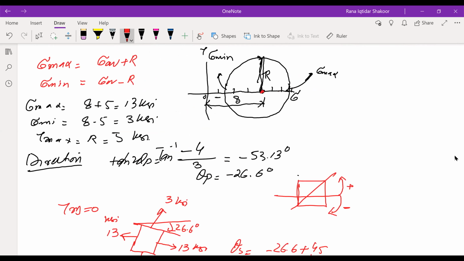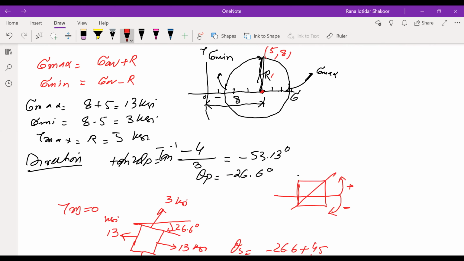So it will be plus 8, and in both cases it will be positive, because the coordinate of this point will be tau xy equals R, that is 5 comma 8, right?